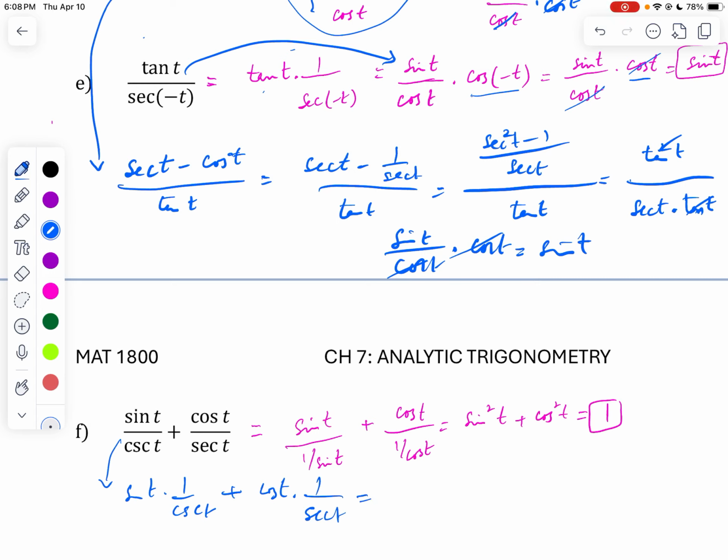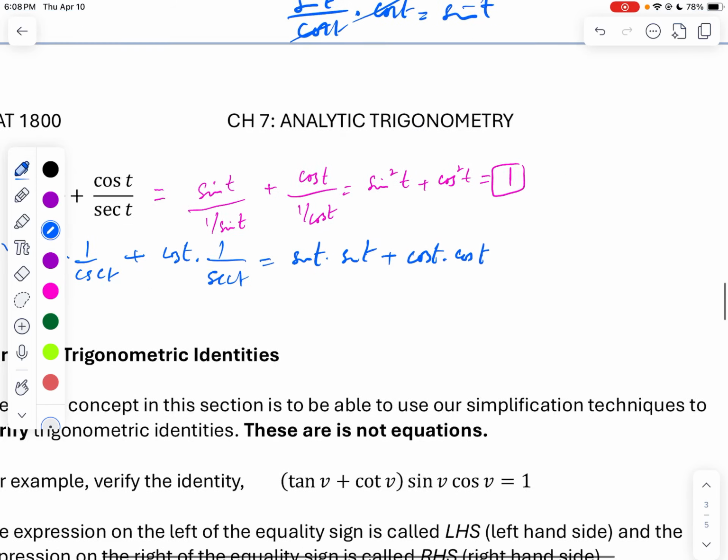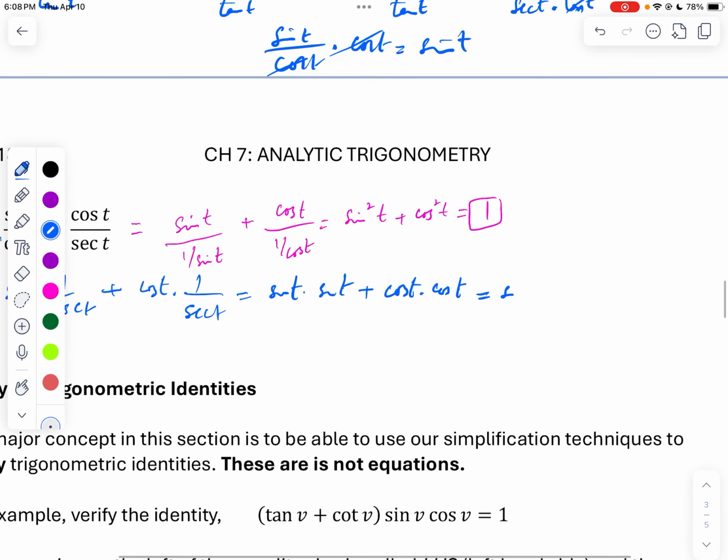But 1 over cosecant t is sine t, so we get sine square t, plus cosine of t times cosine of t, which gives us sine square t plus cosine square t, which is equal to 1.